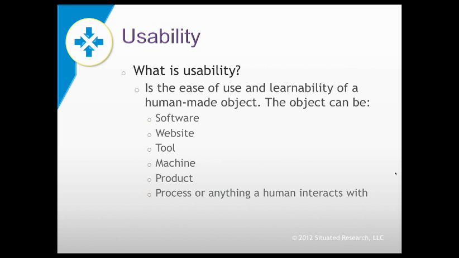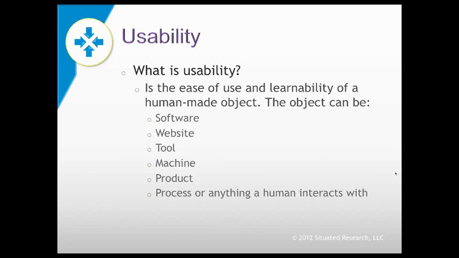So before we can talk about any of this, and I'm throwing around all this terminology, hoping that the people attending today understand, we still need to talk about what is usability. Usability is the whole focus of this webinar. So in order to do this webinar, we need to discuss this. Usability, to sum it up, is the ease of use and learnability of a human-made object.